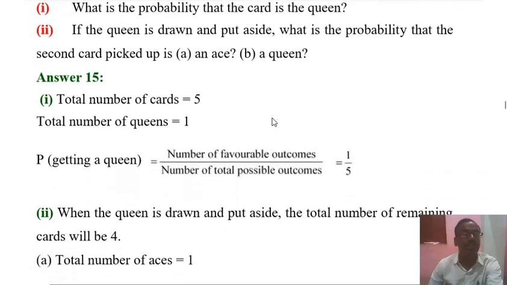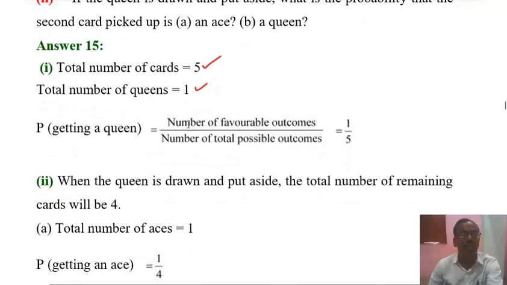Let's see, for the first part of the question, the total number of cards is 5 and the total number of queens is 1. So the possible outcomes are 5, favorable outcomes are 1. So the probability of getting a queen will be 1 by 5 according to the general formula.